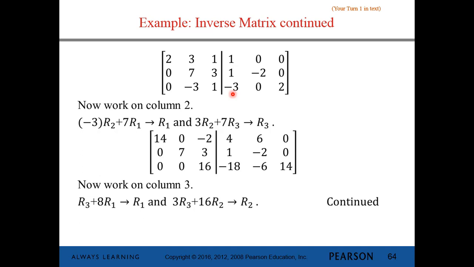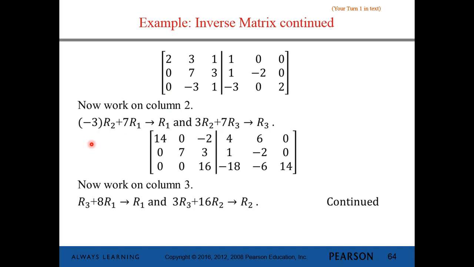Now we're going to work on column 2. We want to get this to be 0 and this to be 0 by using row 2. So we're going to do -3 times row 2 plus 7 times row 1, add those two, and replace row 1 with that.